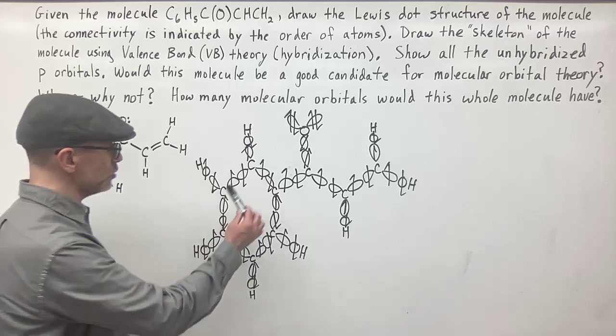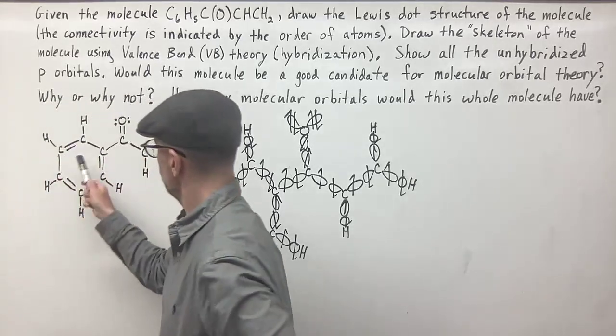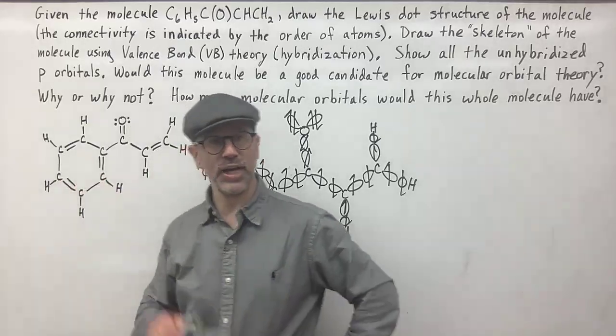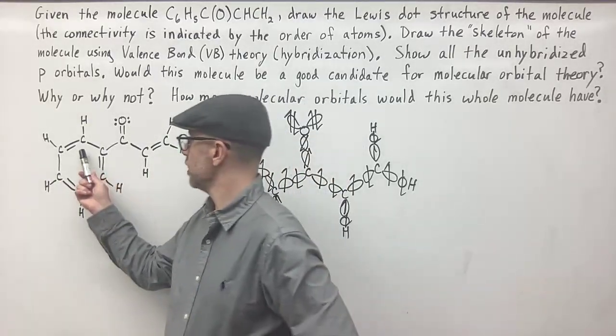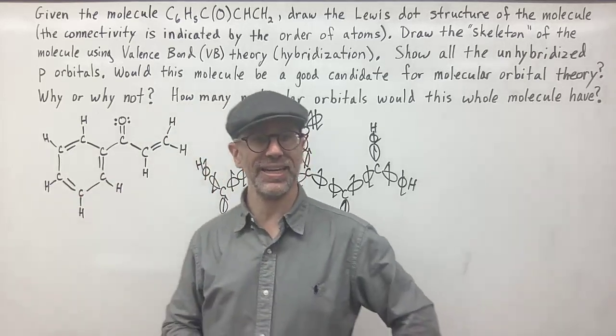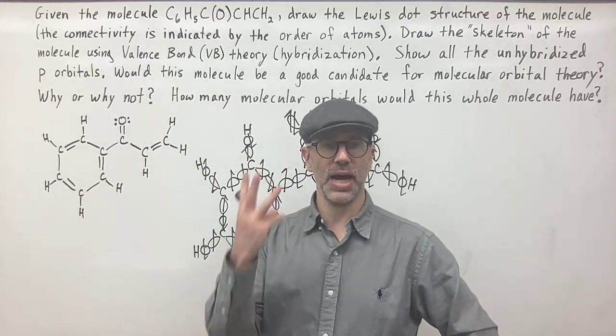So you could see that from each carbon on here, you have 3 electron groups. Double bonds count as 1 electron group. So because each carbon has 3 electron groups, that indicates that you're going to need 3 atomic orbitals that are going to be hybridized.